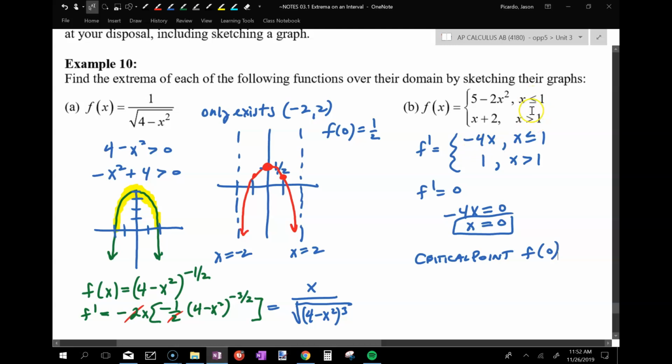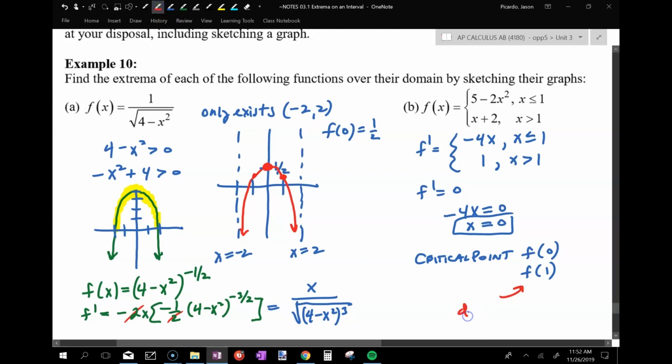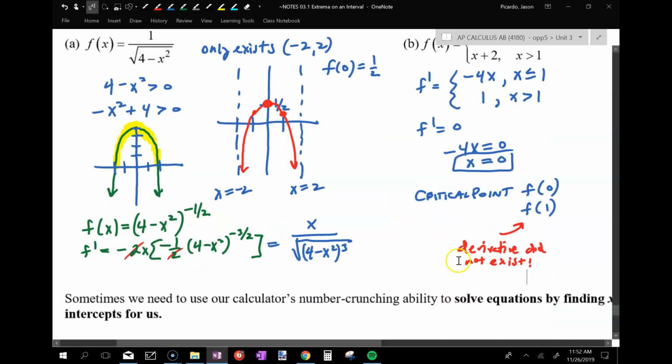All right. Now, if we had to write all that down, we could. So our critical points are at f of 0 and f of 1, and this one is where the derivative does not exist. Okay.